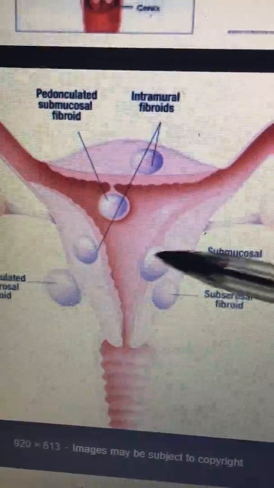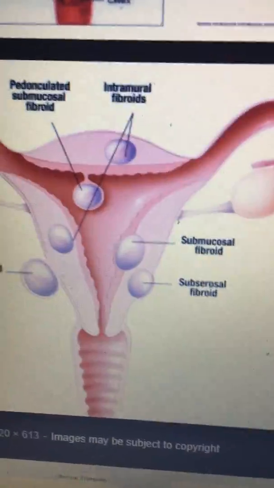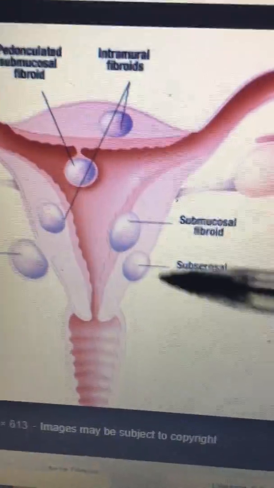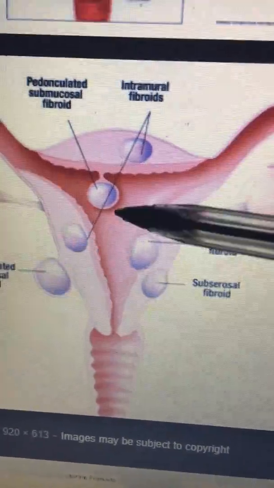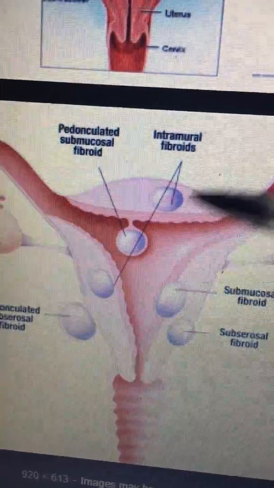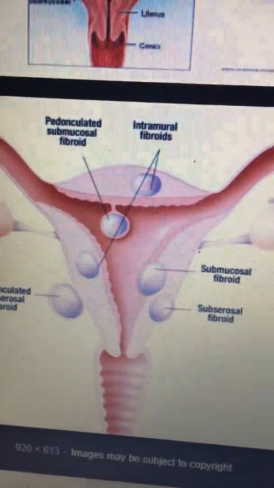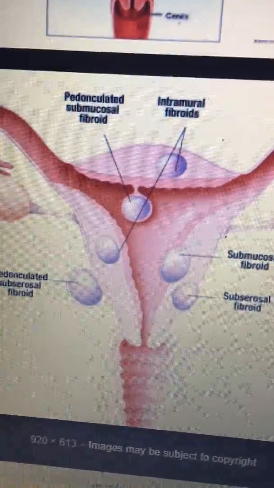It's easier to remove through very minor surgery. The tough ones are, they're usually asymptomatic anyway, so if they're here, they probably won't affect you too much. But depending on how much they grow out, they can affect you. And if they're like here, or here, they can be very painful, depending on the size of them and how much they affect you.